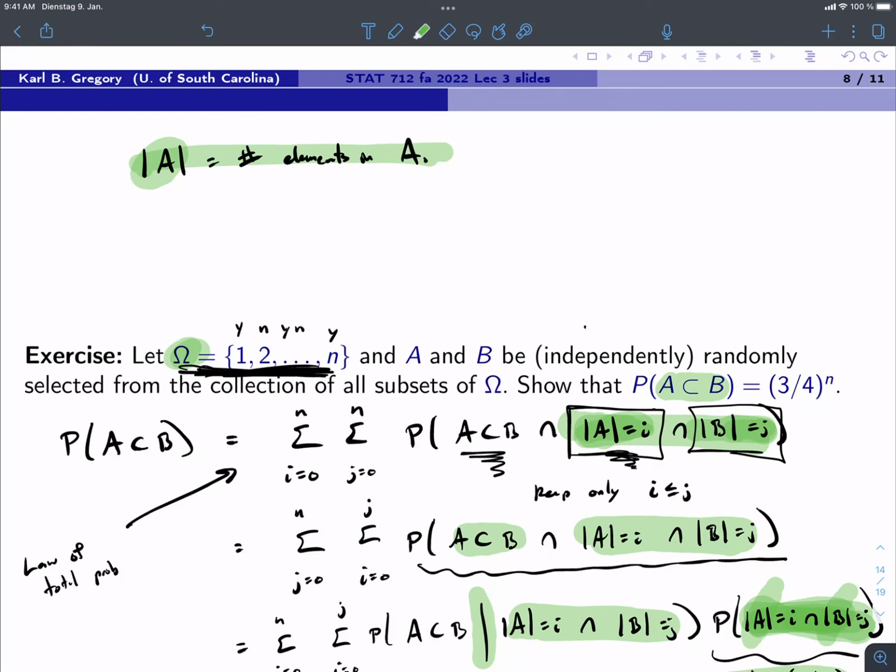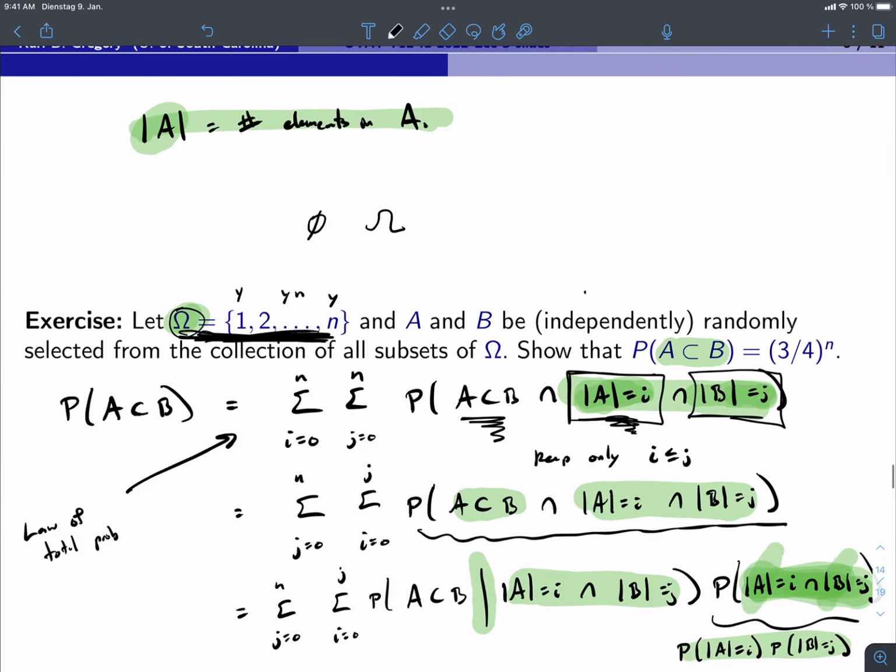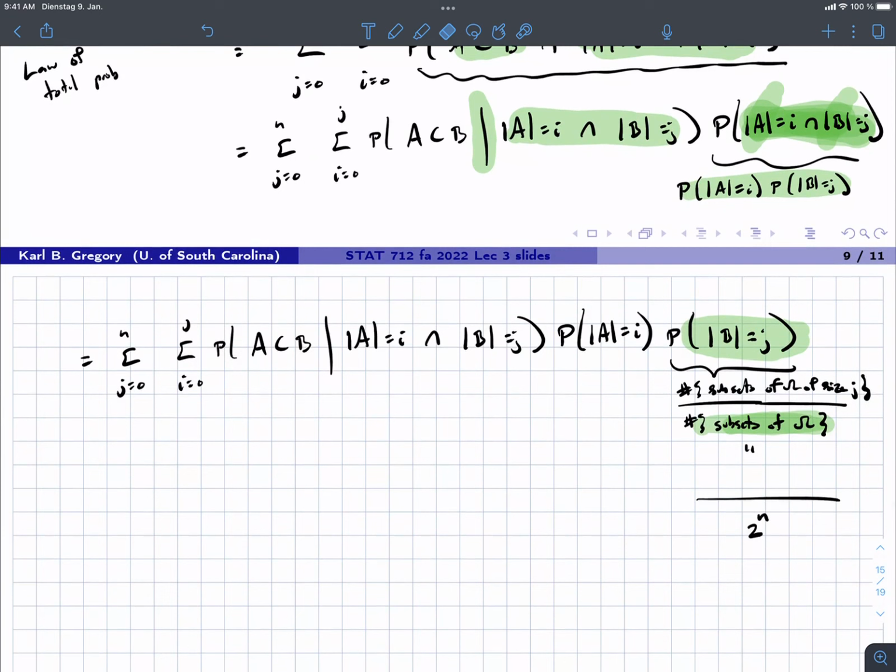I could have no for all, in which case I get the empty set, which is a subset, or yes for all, and I would get the full set, or any sequence of yes, no, and that would give me a new subset of omega. So the total number of subsets is 2 to the power n, because n times I choose yes or no, I include it in my subset or not.